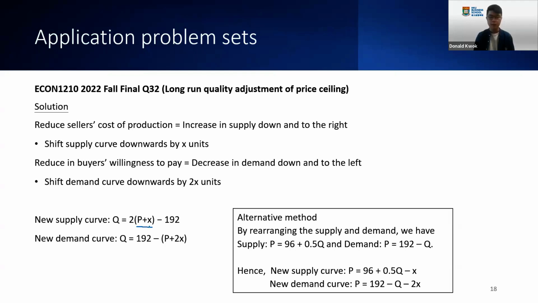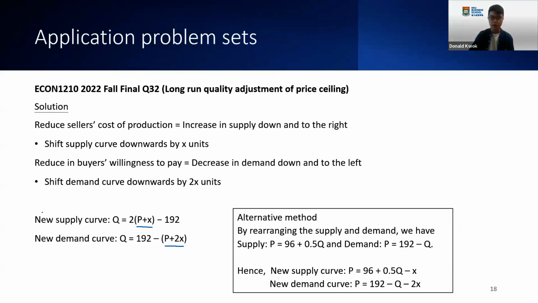And similarly for the demand, because consumers' willingness to pay is reduced, then we'd like to shift the demand curve vertically downwards by 2x dollars. And we need to do the counterintuitive way, which is to put P plus 2x to incorporate a downward shift.